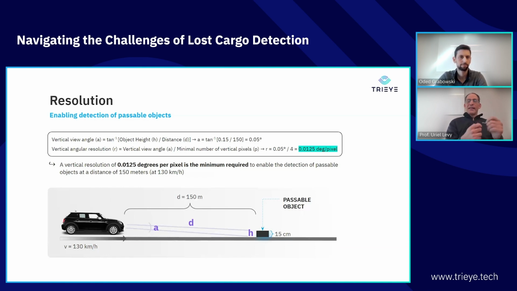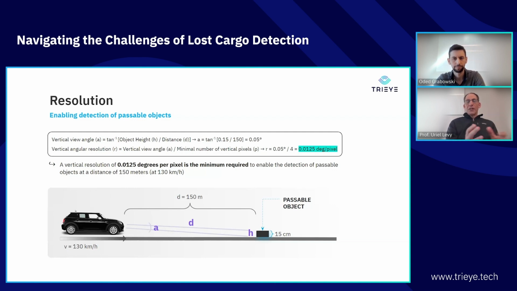Going into the detailed calculation, let's look at the scenario of a car driving at a speed of 130 kilometers per hour, where the distance between the car and the object is 150 meters, and the height of the object is about 15 centimeters. Now, if we do the calculation and we assume a minimum of 4 pixels in the vertical direction, we come to the conclusion that the minimum angular resolution that is needed is about 0.0125 degree per pixel.